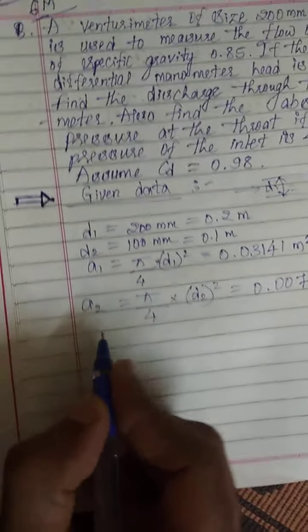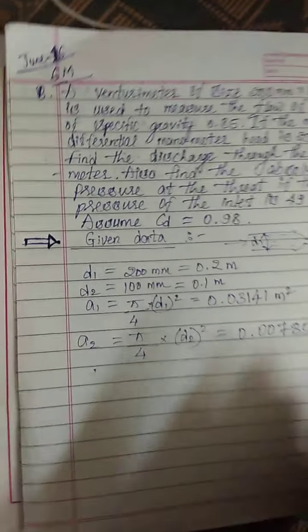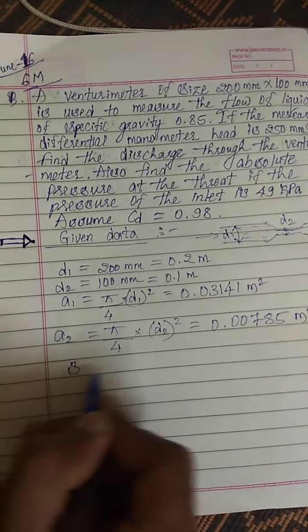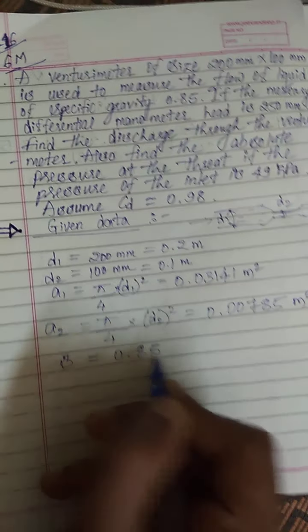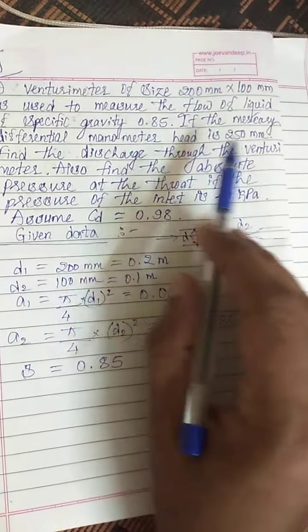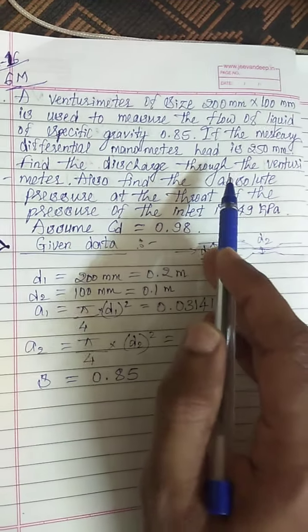Next, the specific gravity they have given is 0.85. The mercury differential manometer head x is 250 mm, which we convert into meter, 0.25 meter.